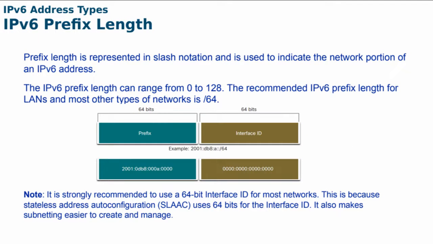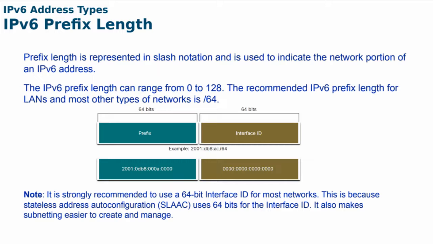Prefix. Remember in IP version 4 we said prefix /8, /16, /24. Same thing. Prefix length is represented in slash notation and is used to indicate the network portion of the IP version 6 address. The IP version 6 prefix length can range from 0 to 128.